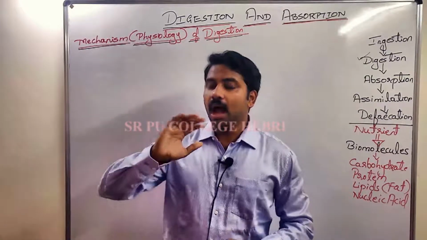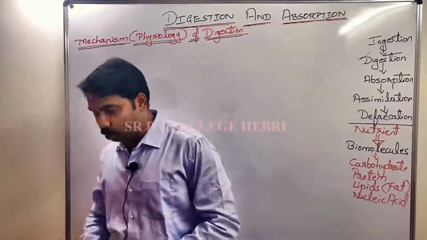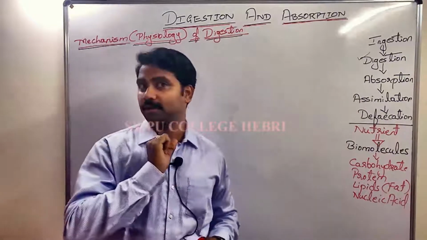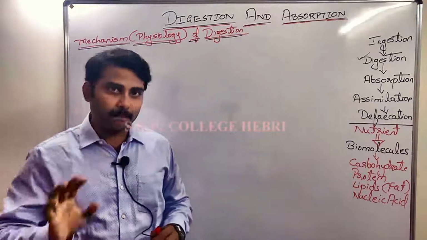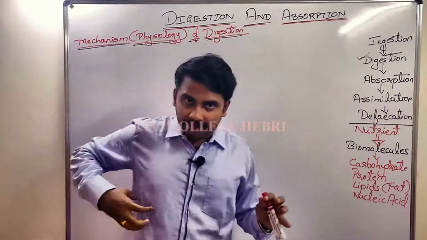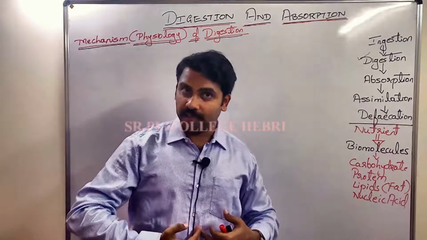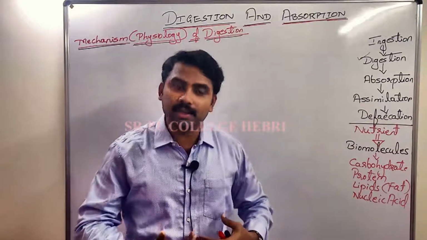Can you tell me how many different digestive juices are present in the small intestine? Three. What are they? One is the bile juice. You know, bile juice is produced by the liver but released to my small intestine. Its action is seen in the small intestine.